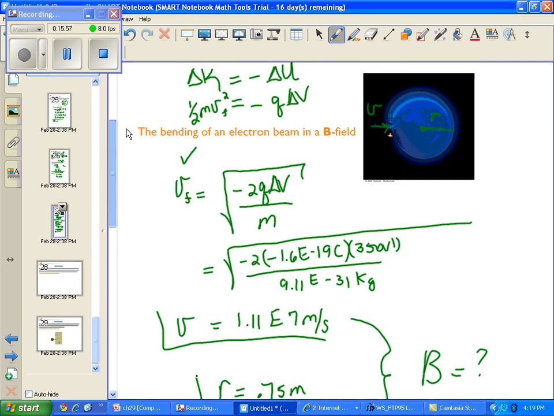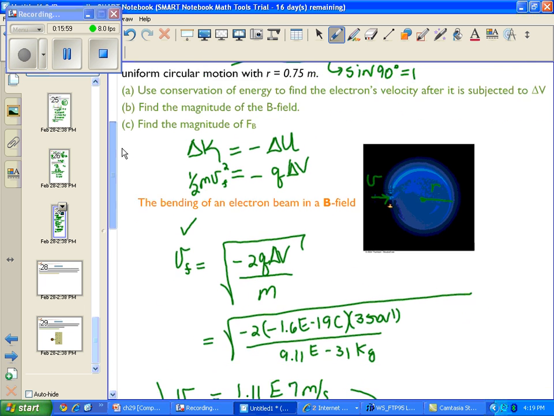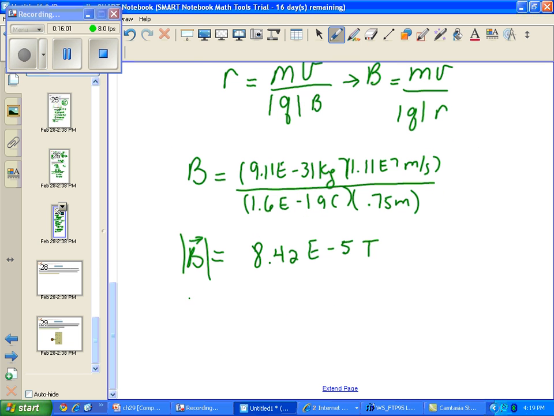Well, the last thing we're asked to determine is the magnitude of the magnetic force. To get the magnitude of the magnetic force, we take the magnitude of q times v times B times the sine of 90.